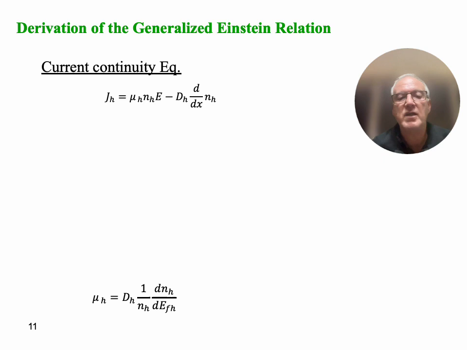Another way of looking at this diffusion enhancement at higher density is to consider what is called the generalized Einstein relation. And we will derive it from the device perspective, and we look at the current continuity equation as it's written here.